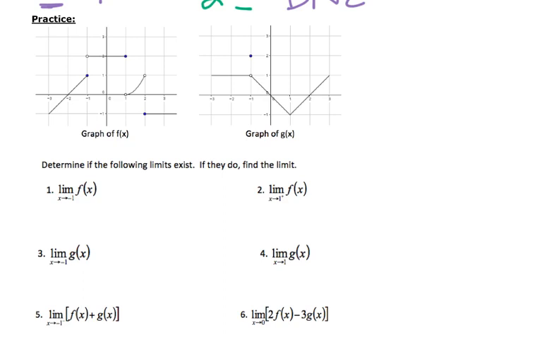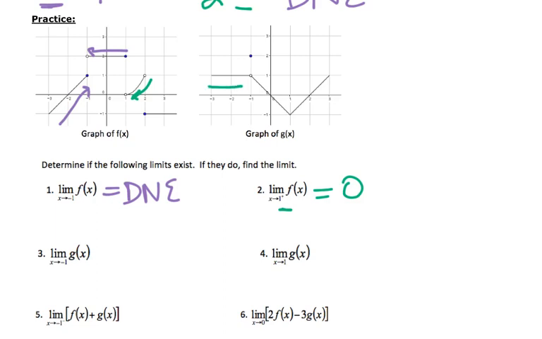Okay, so you should have answered these questions. The answers are: does not exist, because as you approach negative 1 from the left and you approach it from the right, there are two different values, so it's D and E. On number 2, the limit is 0, because as we approach number 1 from the right hand side, it's going to 0. 3, the limit as x approaches negative 1 of g of x.